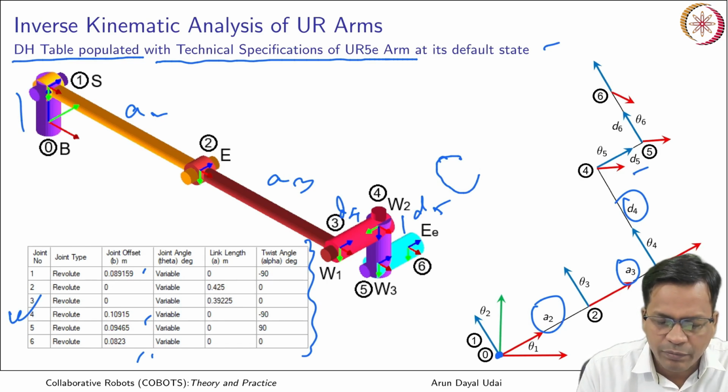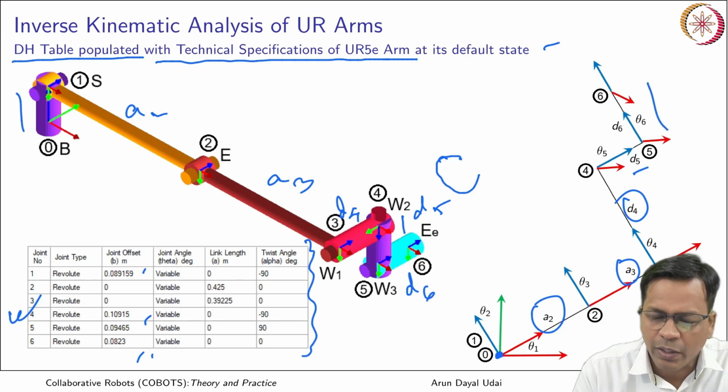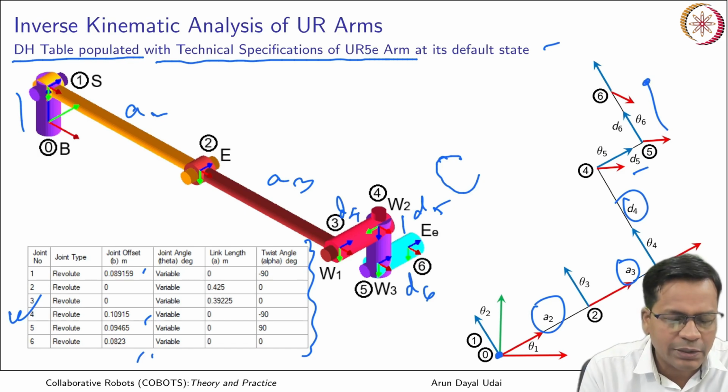Okay, and then you have finally D6. So D6 would come like this, and at the end you have this frame. So all the Z axes, at least you can see this is Z1, this is Z2, this is Z3.